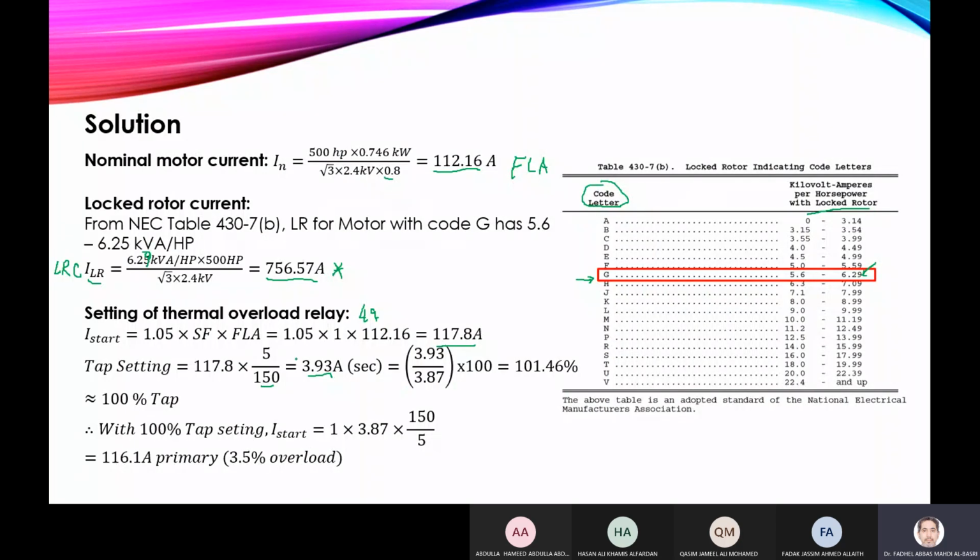If you divide it by 3.83, which is the rated current of the overload relay coil, times 100, this gives 101.5%. So that means I can put it at a tap of 100%.